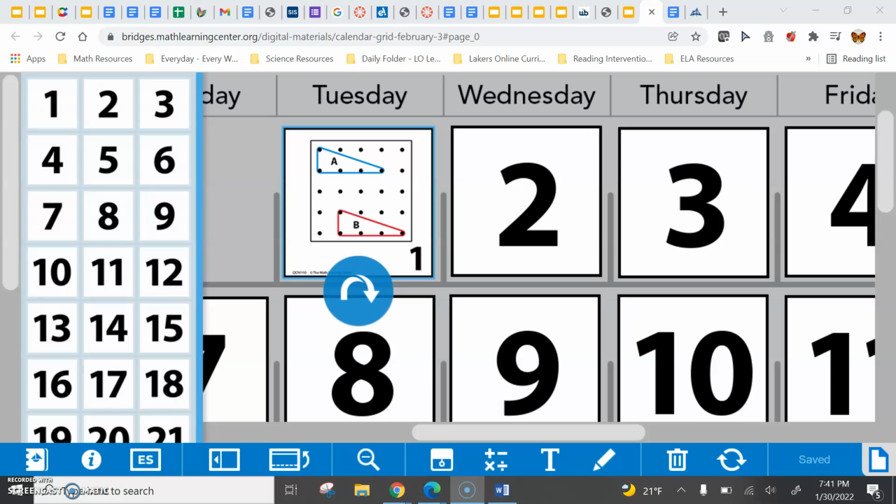If they are, we say that they are congruent. So I want to ask you, All Stars, is shape A congruent to shape B? If you said yes, you are absolutely correct. Great job, All Stars.